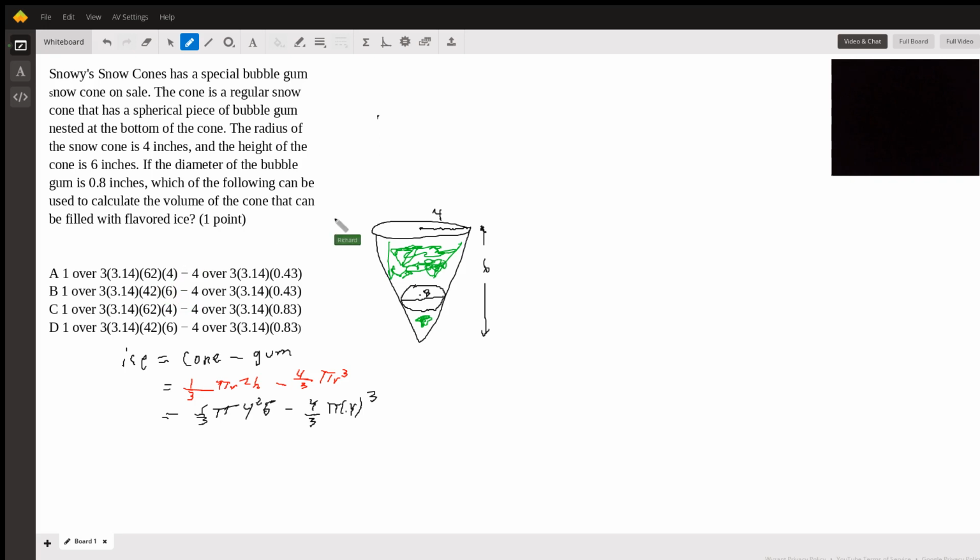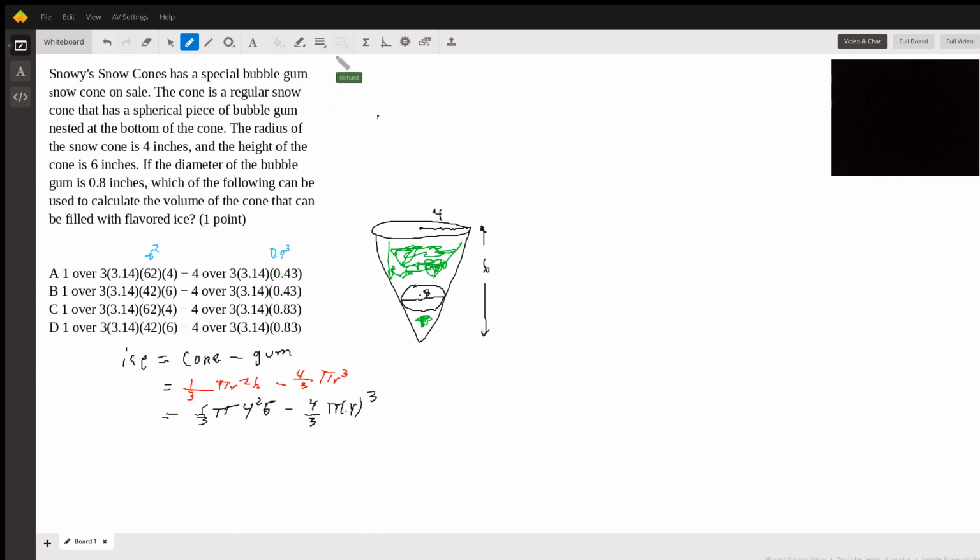Let me circle them, when they were copied out by the student, I'll circle them in blue. These are actually exponents, so this is really 6 squared. Instead of 62, that's 6 squared. And instead of 0.43, this is 0.4 cubed.